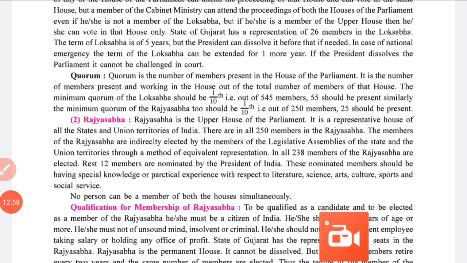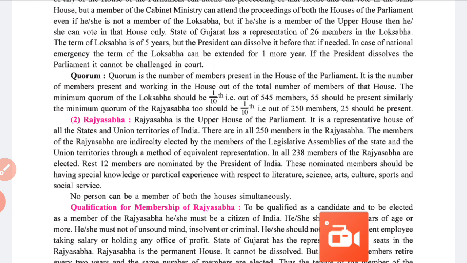Then quorum. What is quorum? In common parlance, quorum is the minimum number of members present in the House of Parliament, out of the total number of members of that House.